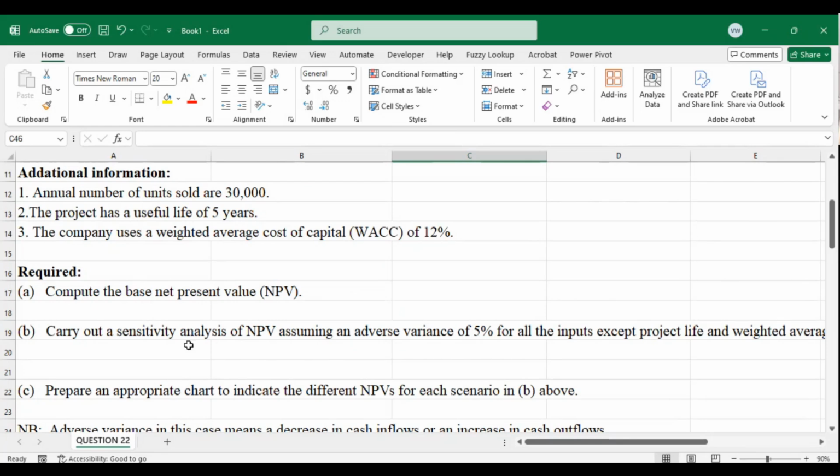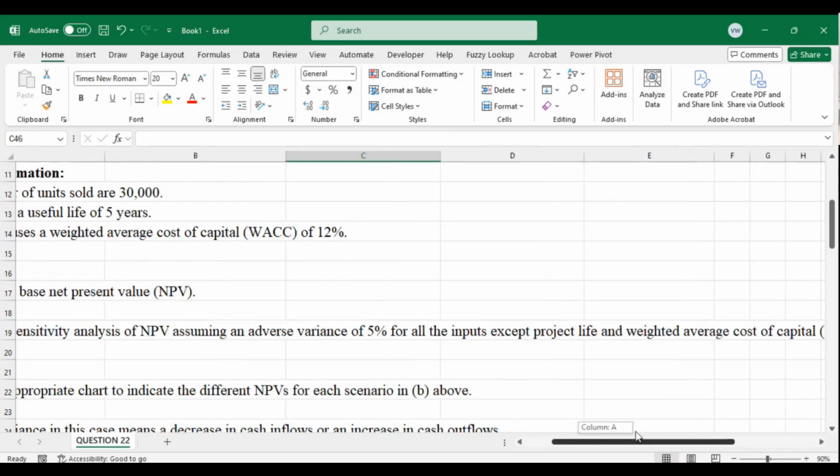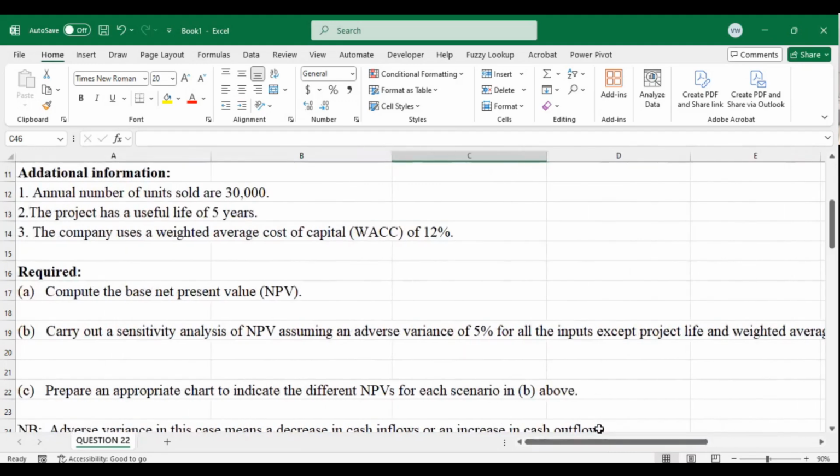So the next part, we are told to carry out sensitivity analysis of NPV, assuming an adverse variance of 5% for all inputs except the project lives and weighted average cost. So the question is telling us that all the variables affecting NPV are expected to change adversely by 5%.